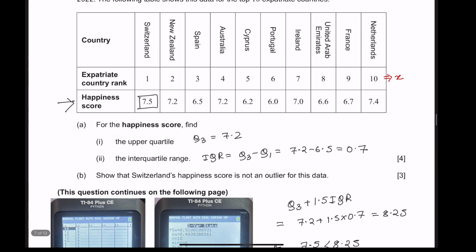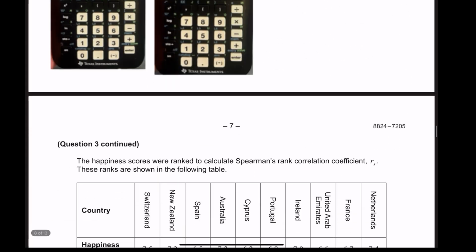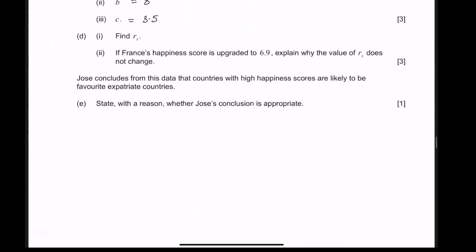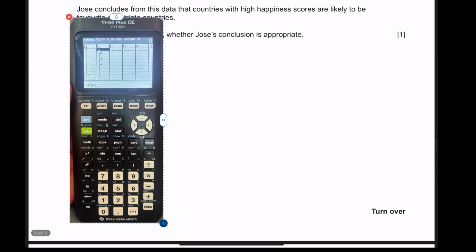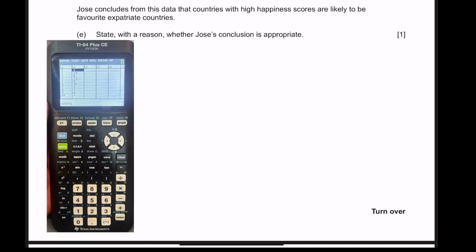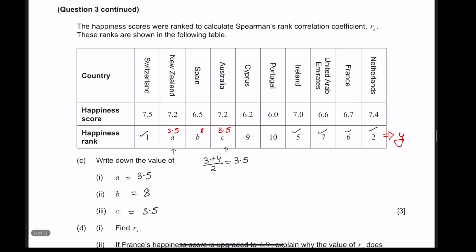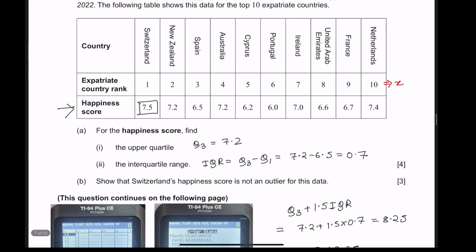Let me show you how it should look. This is how your calculator screen should look after placing L1 as the expatriate country rank and L2 as the happiness rank.